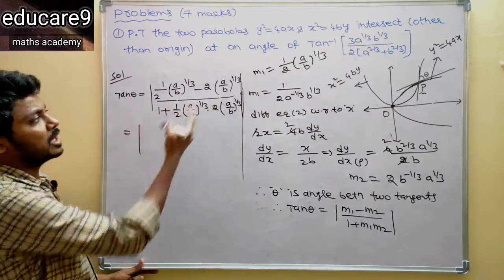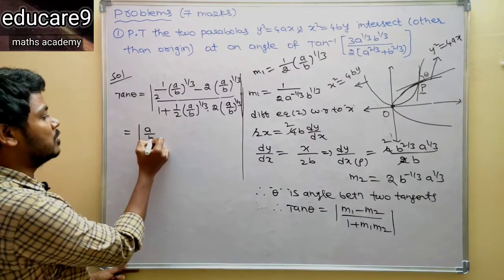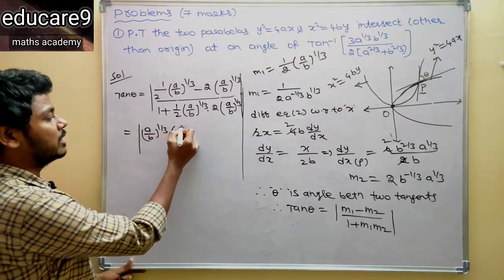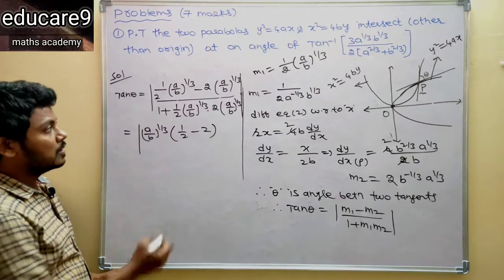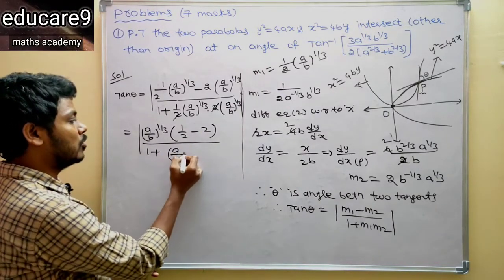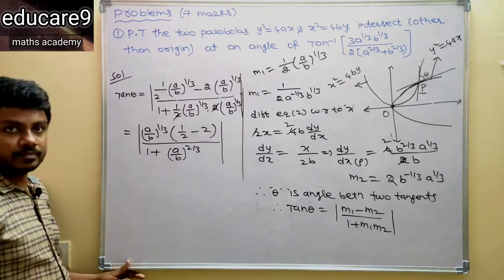Now, in both terms, a by b whole power 1 by 3 is common. You will get 1 by 2 minus 2, divided by a by b whole power 1 by 3 whole square, that is 2 by 3.